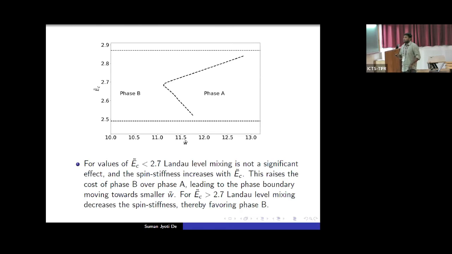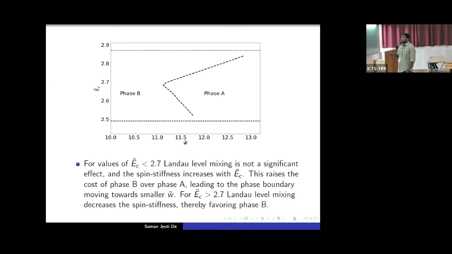So there is no room for the electron density to change very rapidly, and it can do so via a many-body spin rotation in the system, which breaks the U(1) spin symmetry here. But this weird behavior actually happens due to the spin stiffness cost, below this point, below EC 2.7.